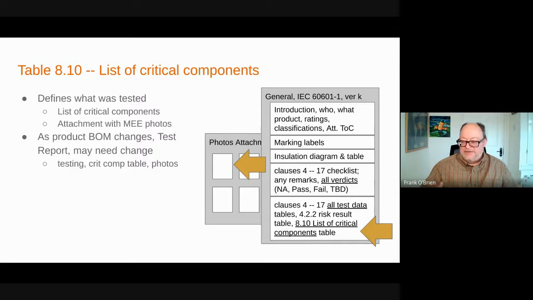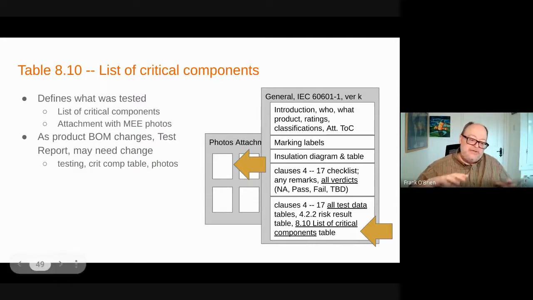So I've said something redundantly, but it's not always mains. So sometimes you're separating secondaries and certainly floating applied parts from other earthed parts. So isolation in that very general sense. And the enclosure materials, enclosure opening. So that would be a core of what you'd expect to see in the 8.10 critical component table.